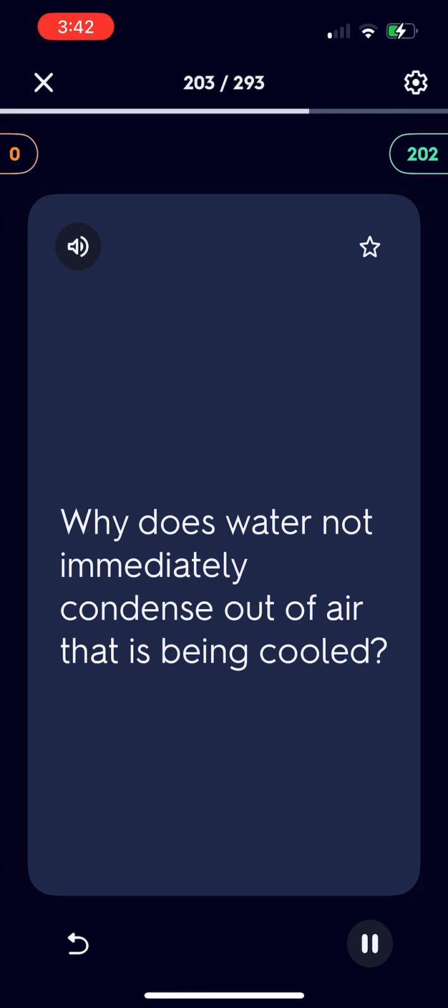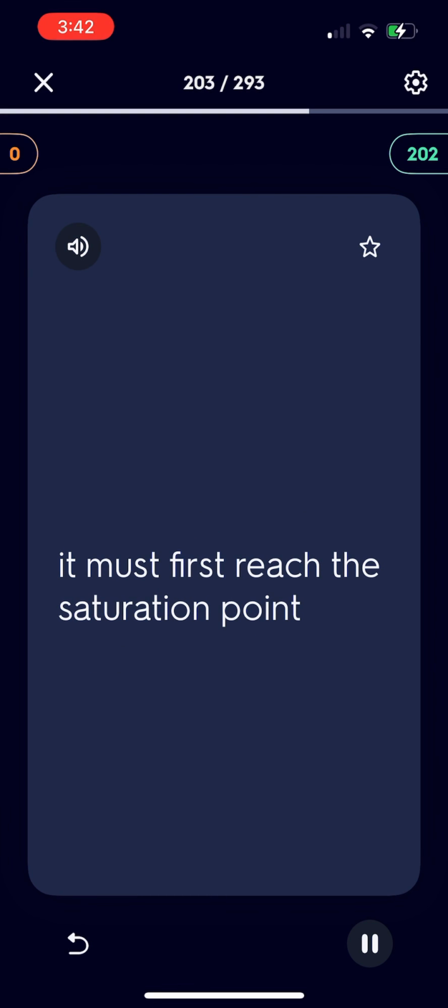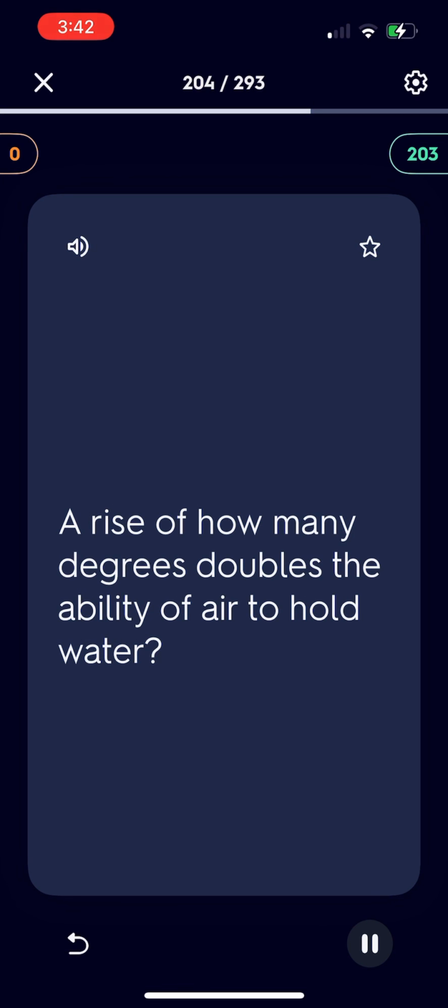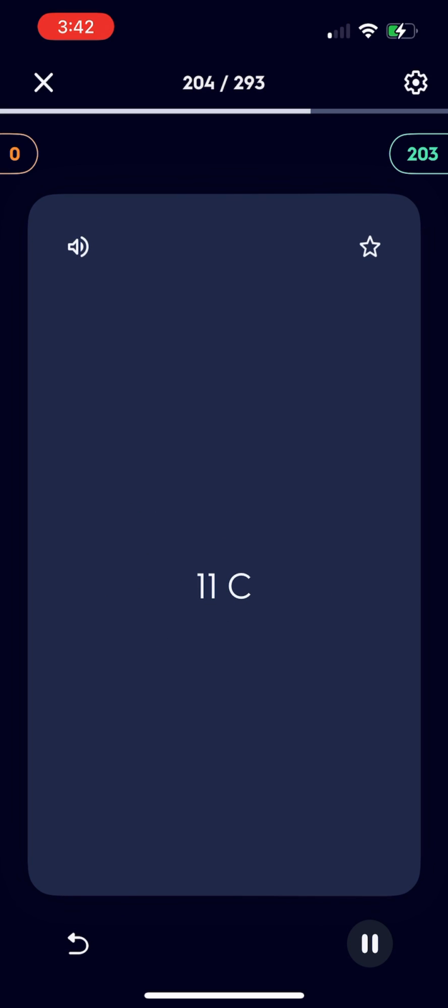Why does water not immediately condense out of air that is being cooled? It must first reach the saturation point. A rise of how many degrees doubles the ability of air to hold water? 11°C.